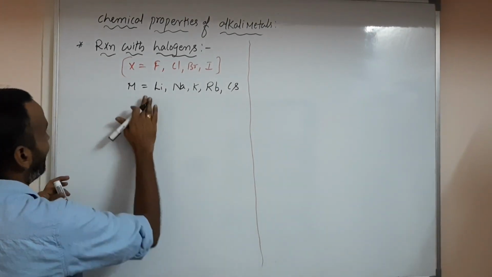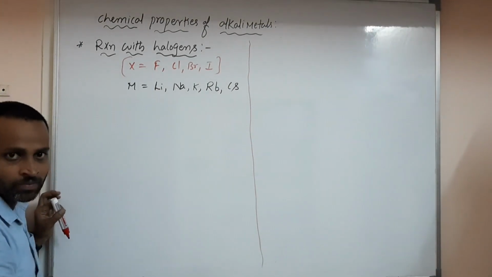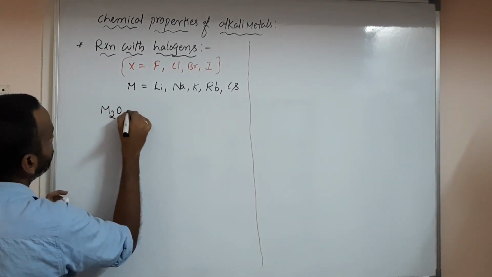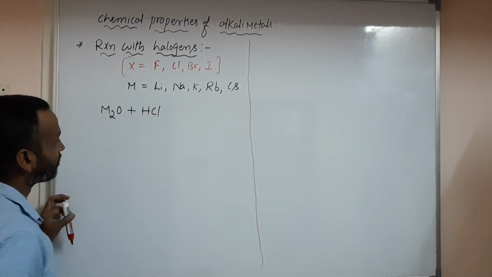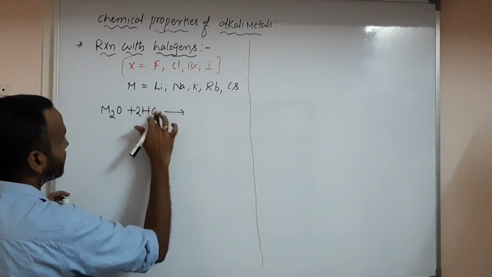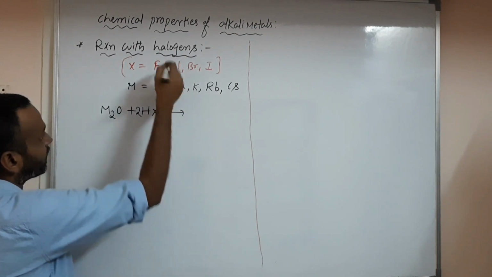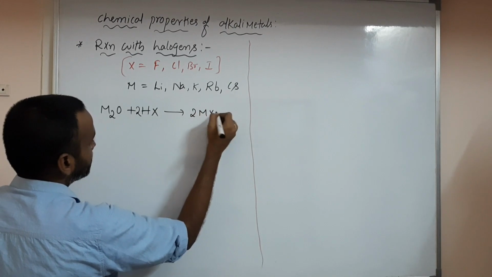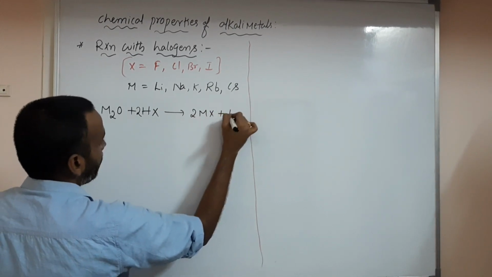So now what will you have? Very simple, these two will react. You can have it in many ways. You have an oxide like M2O reacting with HCl, 2 moles, or even HX you can take. X means fluorine, chlorine, bromine, iodine. Then you will get 2MX plus H2O.